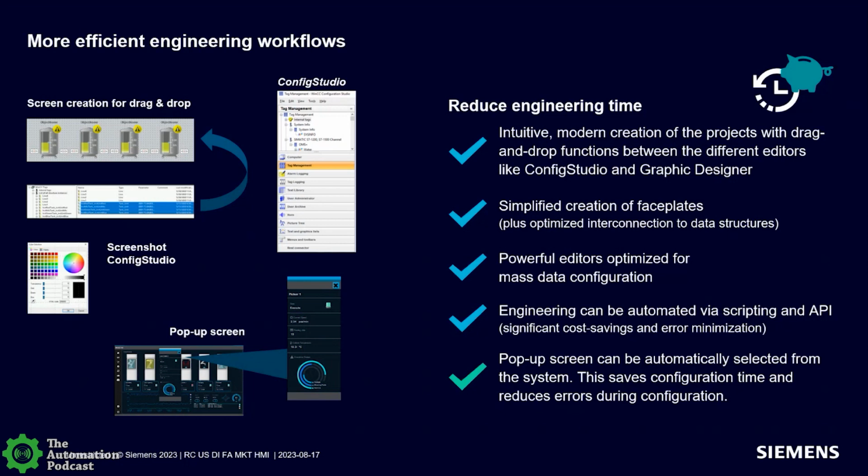Our configuration studio, we came out with that several versions ago, and it really lets you do all the stuff you can see there in the middle of the screen: tag management, alarm logging, tag logging, text library, user administration. It puts all these tools into an Excel look and feel. So now there are tables where you can say, hey, I've got this one line, I need to copy it 10 times. Okay, let me copy it 10 times.